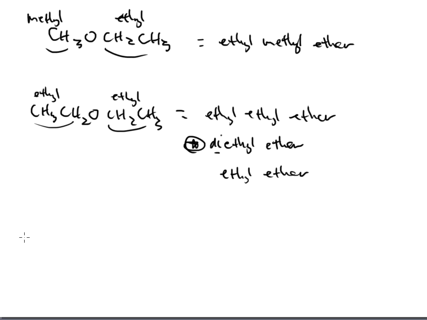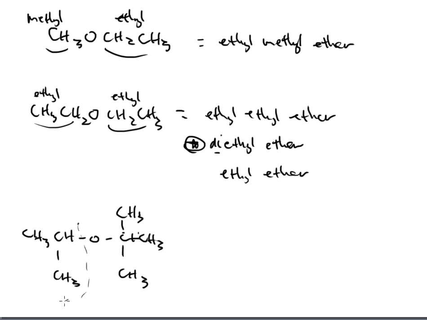All right, next one. Let's go a little bit more complicated, shall we? CH3, CH, CH3, oxygen, and then we've got CH3 up here, CH3 there, and a CH3 down below. Okay, so I'm going to name the group to the left.